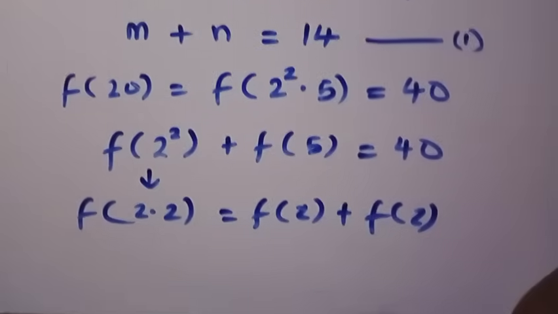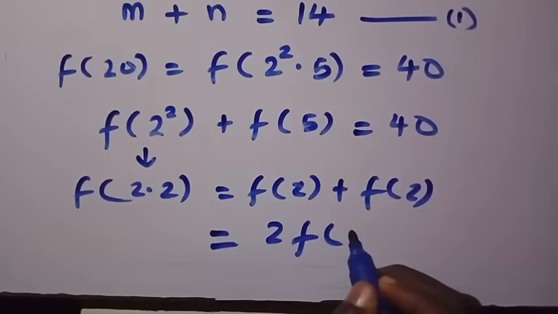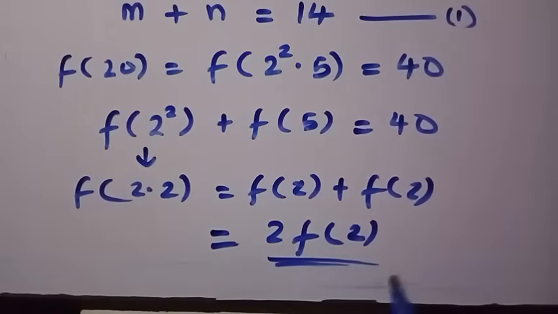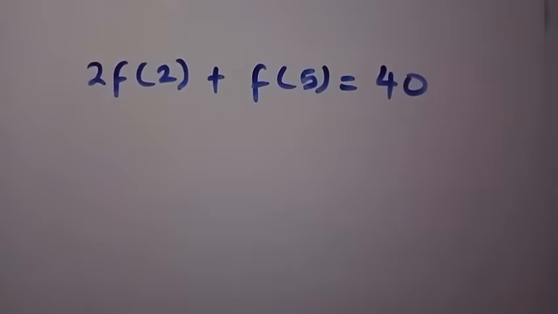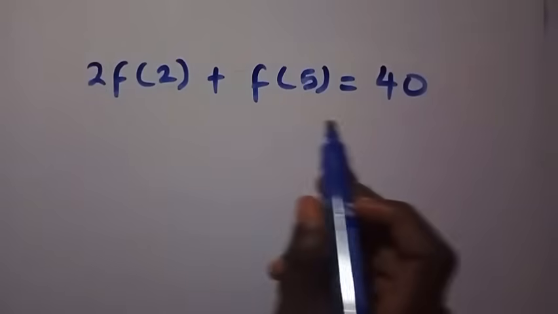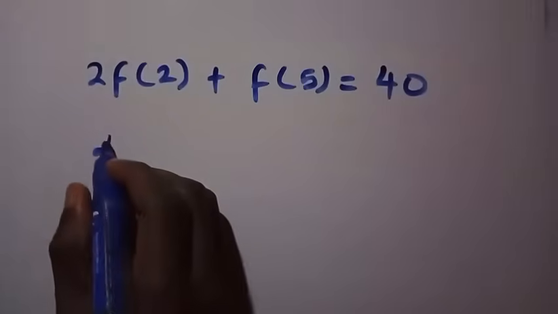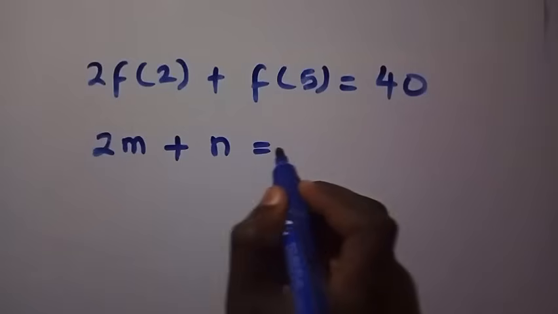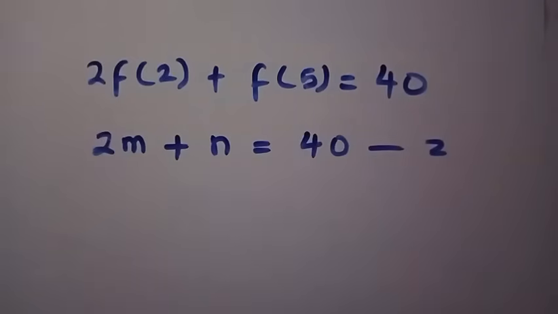This gives us 2 f of 2. That is, f of 2 squared is given as 2 f of 2. Therefore, we have 2 f of 2 plus f of 5 equals 40. But f of 2 has been represented as m. Therefore, we have 2m plus n equals 40. We call this equation 2.